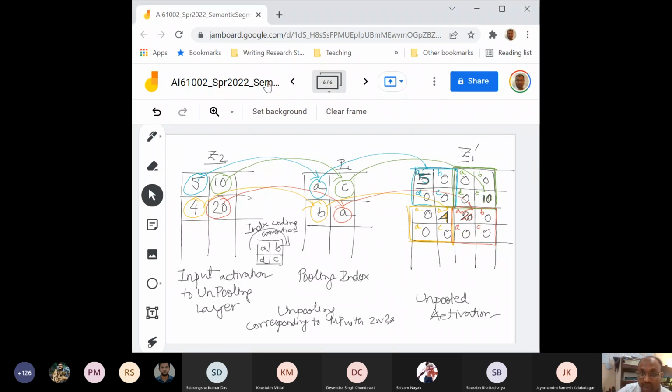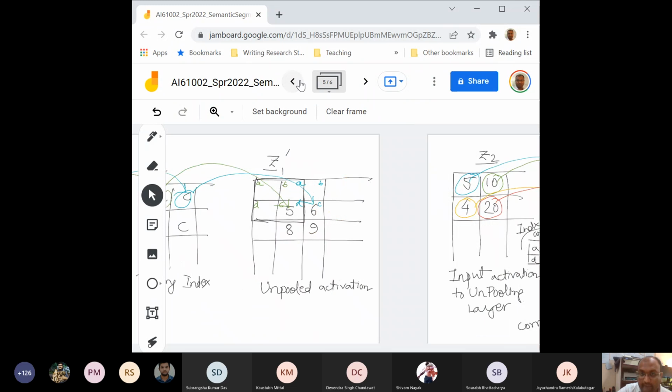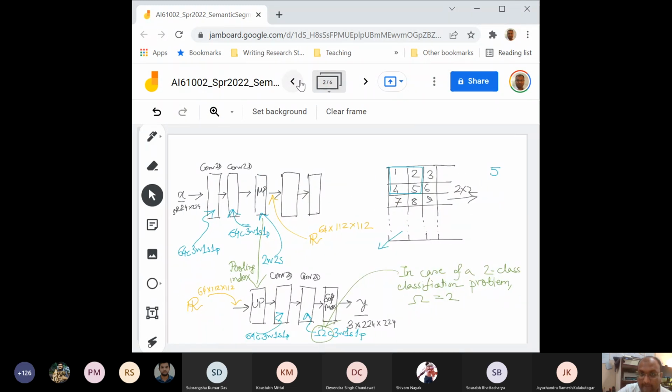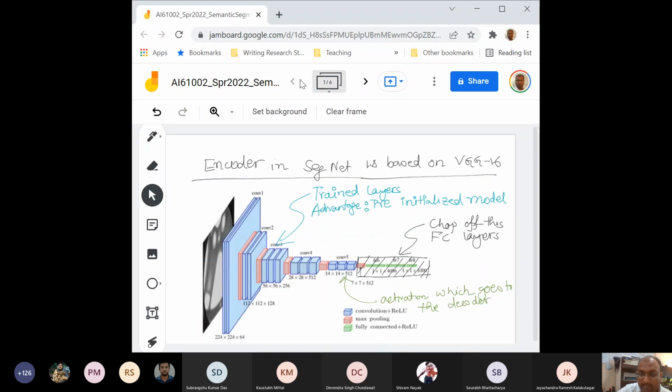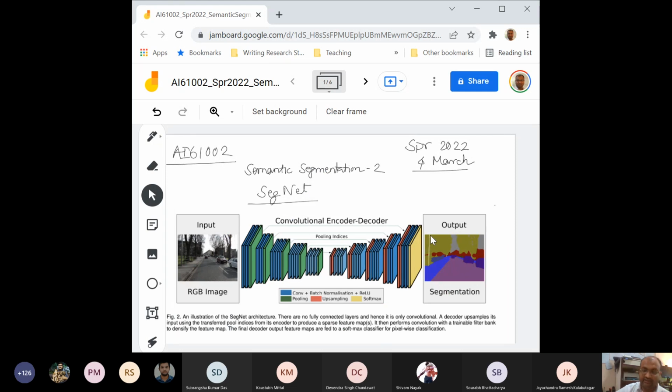So now, is there anything in this SegNet structure on which you still have any doubts?